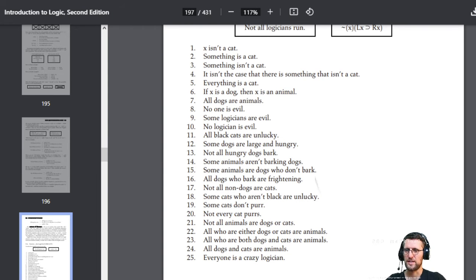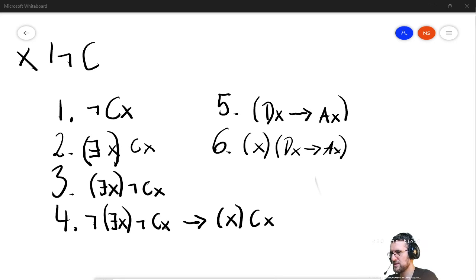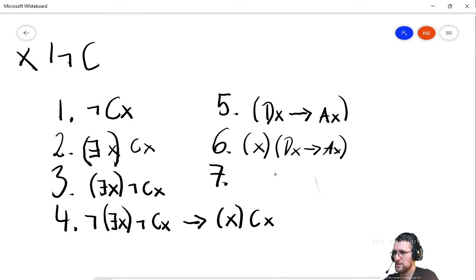All dogs are animals. So number 7, all dogs are animals. Isn't that the same like 5? It's the same like 5, right? All dogs are animals. Then if dx, then ax, right?